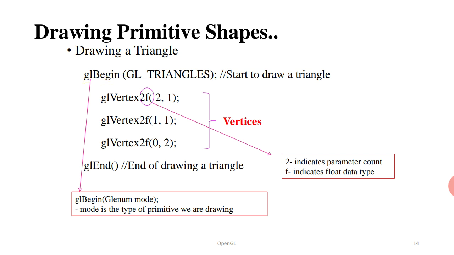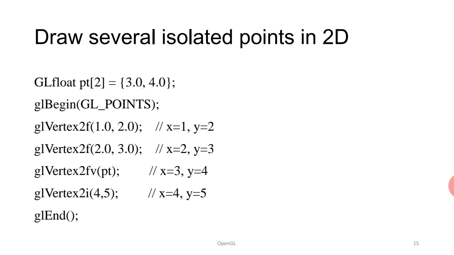Note that the glBegin function takes one parameter, mode. In this case, that mode is GL_TRIANGLES. So what is mode? Mode is the type of primitive we are drawing. So in this example, mode is triangle because we are drawing a triangle. Then you can draw several isolated points in 2D using OpenGL.